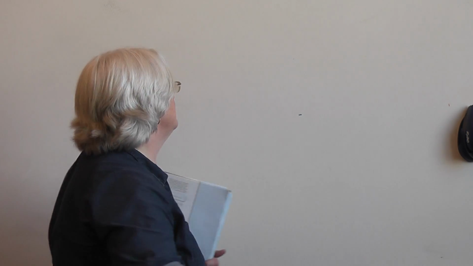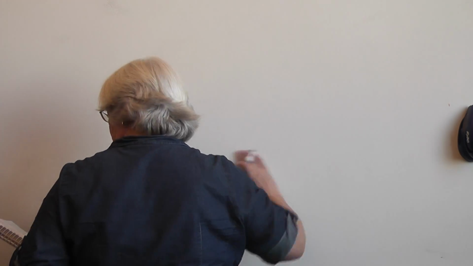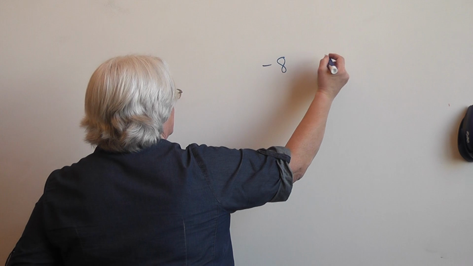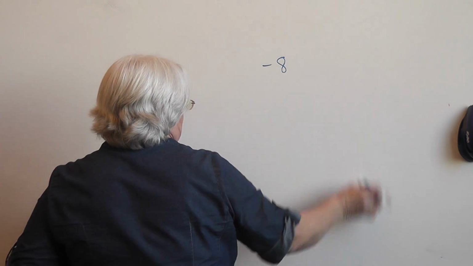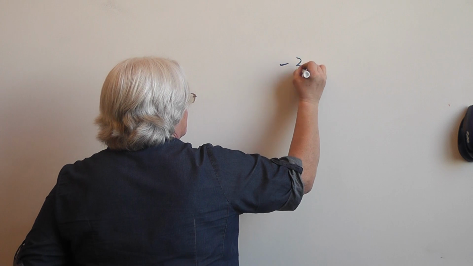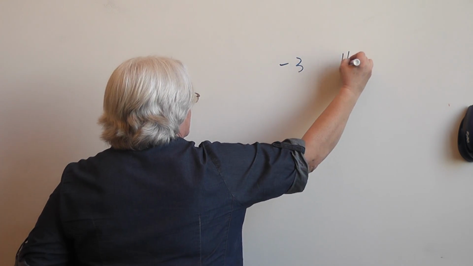Okay, distance and absolute value. The distance formula for number lines: if you have 2 points on a number line, let's just go ahead and do that same one, negative 3 and 11.